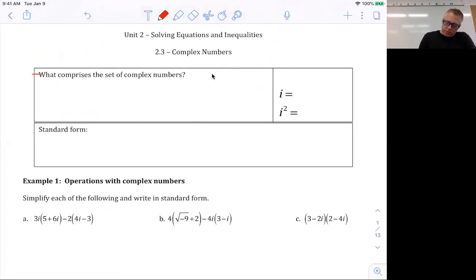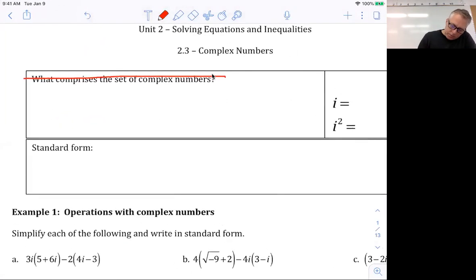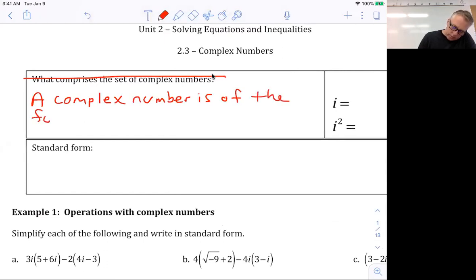I'm just going to state what is a complex number. Okay, so a complex number is of the form a plus bi. And I wrote that i in cursive.